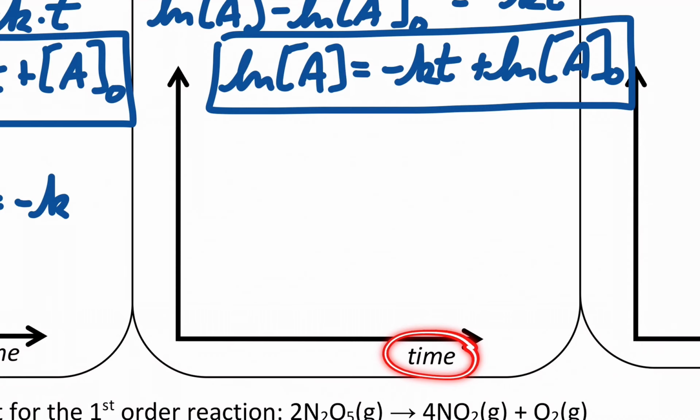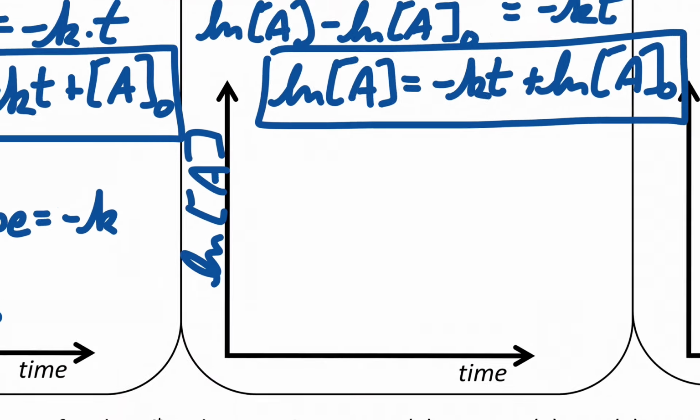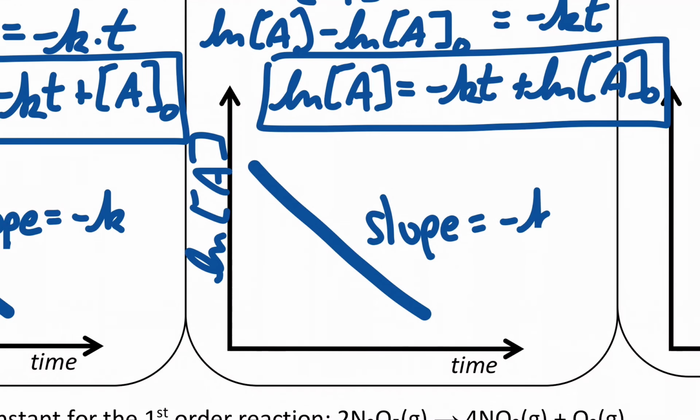So as time varies, concentration versus time is not linear, but the log of concentration versus time is linear. So on the y-axis, I'm not going to plot concentration, I'm going to plot the log of the concentration, and that will give us a linear relationship where the slope is once again proportional to k and equal to negative k.